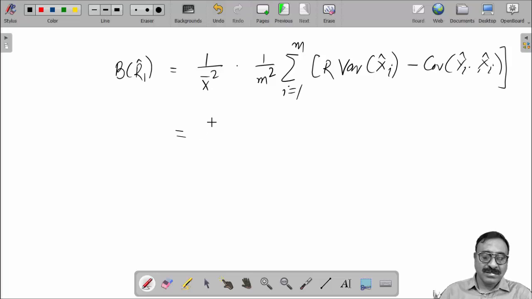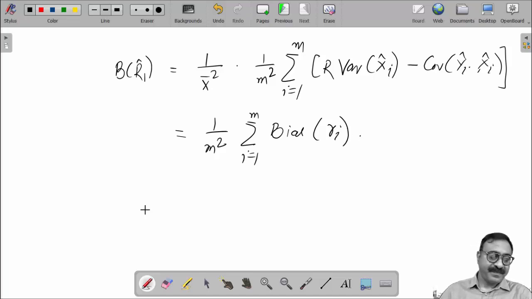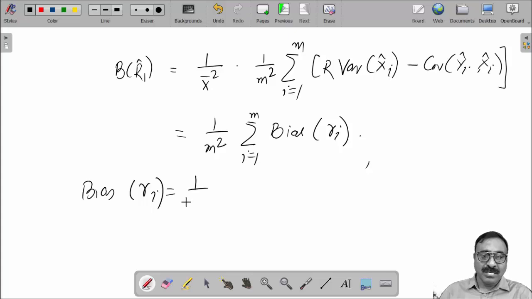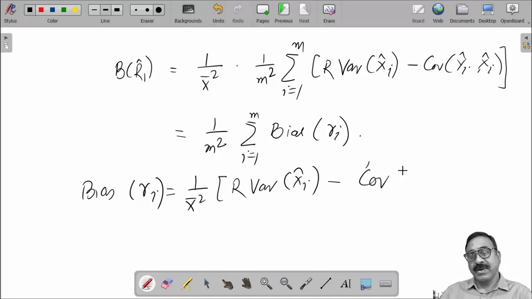Now this is equal to 1 by m square summation i equal to 1 to m bias in Ri, where bias in Ri equal to 1 by X bar square, R variance of xi cap minus covariance of yi cap, xi cap.